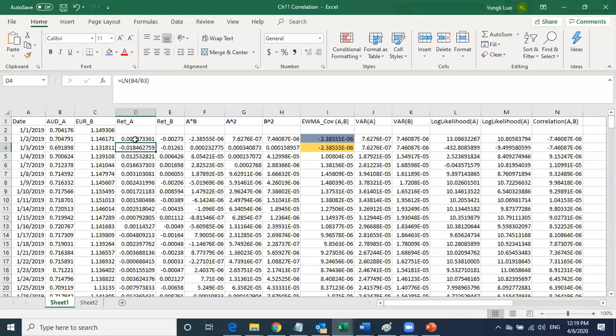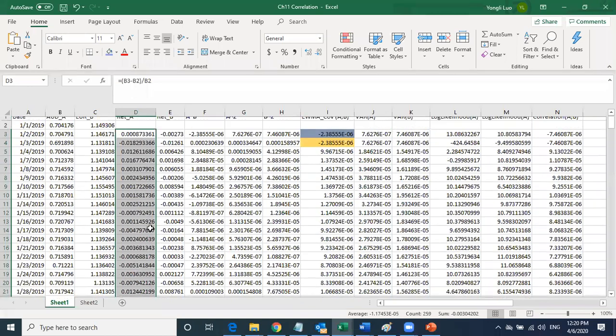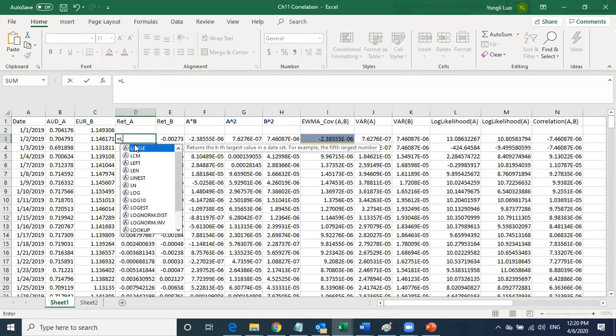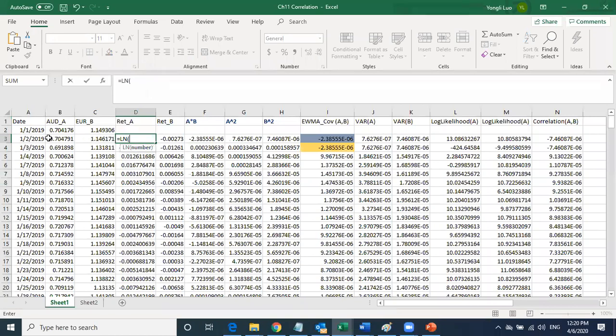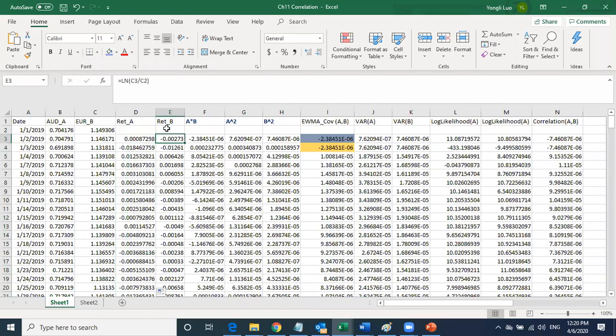Either one is fine. I think using ln is more convenient, so I'm just using ln. Make sure that if you calculate returns using ln for one asset, you do the same for asset B.